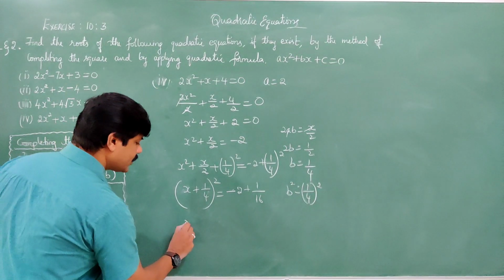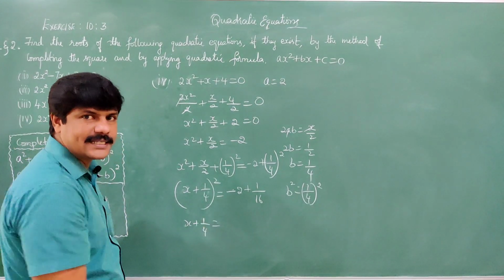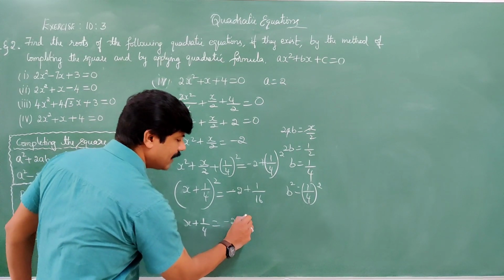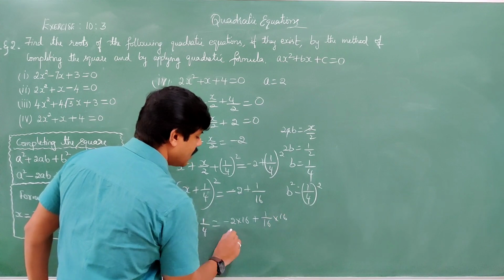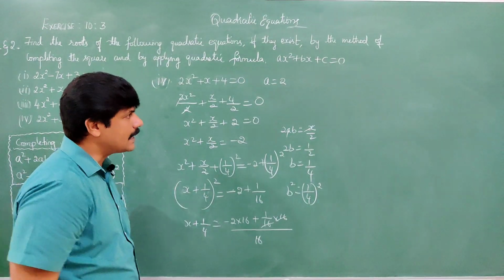So x plus 1 by 4 whole square is equal to, taking the LCM 16 and multiplying and dividing: minus 2 into 16, plus 1 by 16 into 16, whole divided by 16. Here 16 and 16 get cancelled.